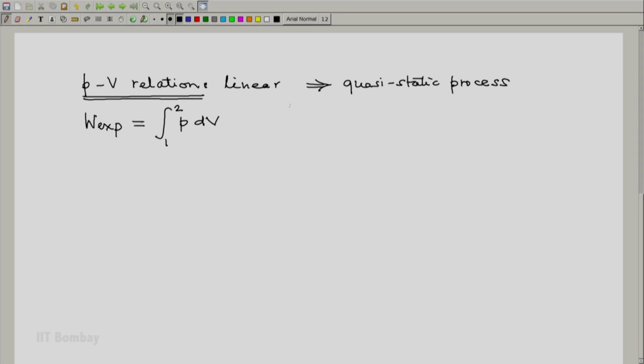And since the relationship between p and v is given to be a straight line, this integral p dv represents this area, and because it is a trapezoid, the value of this area will simply be the average height multiplied by the width or the base.